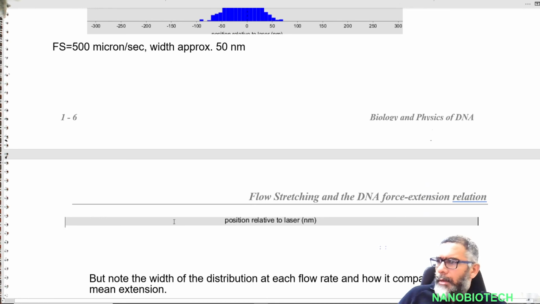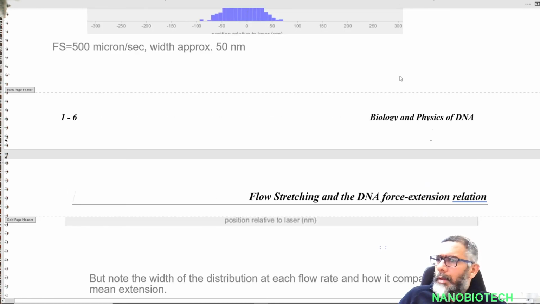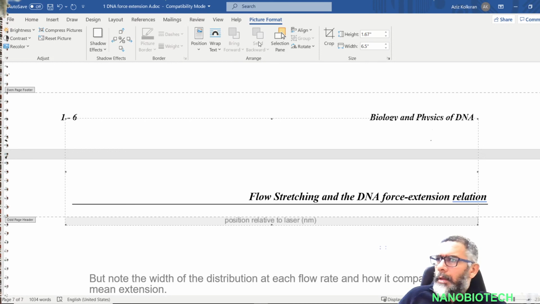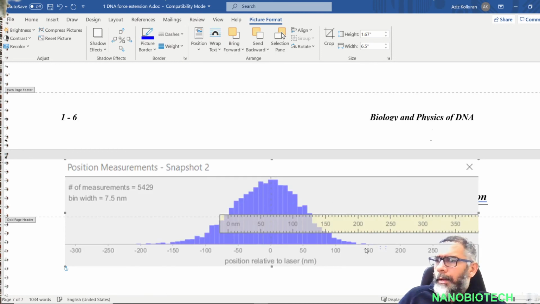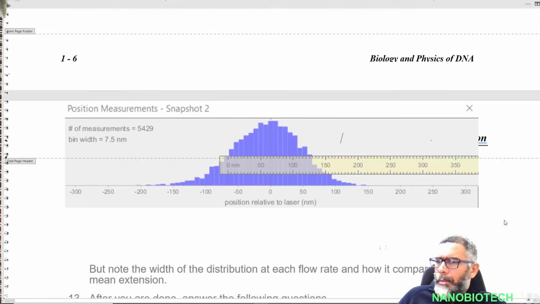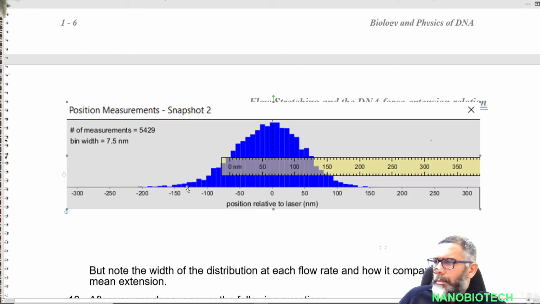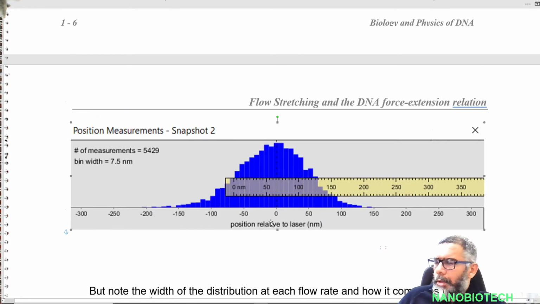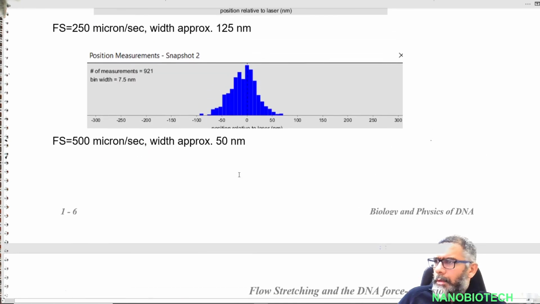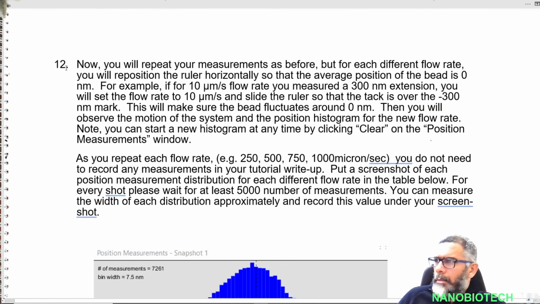Let me drag it. It's picture format, square. You can put your picture at a desired position below this number 12.